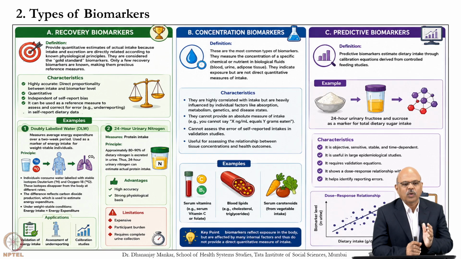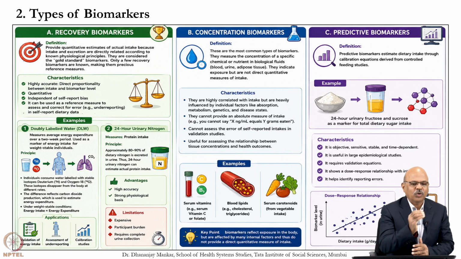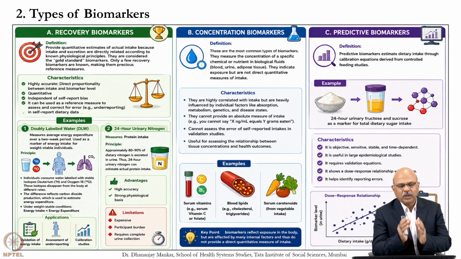The individual consumes water labeled with stable isotopes, deuterium and oxygen. These isotopes disappear from the body at different rates. The differences reflect carbon dioxide production, which is used to estimate energy expenditure. Under weight-stable conditions, energy intake is equal to energy expenditure. The application is validation of energy intake, assessment of underreporting, and calibration studies.